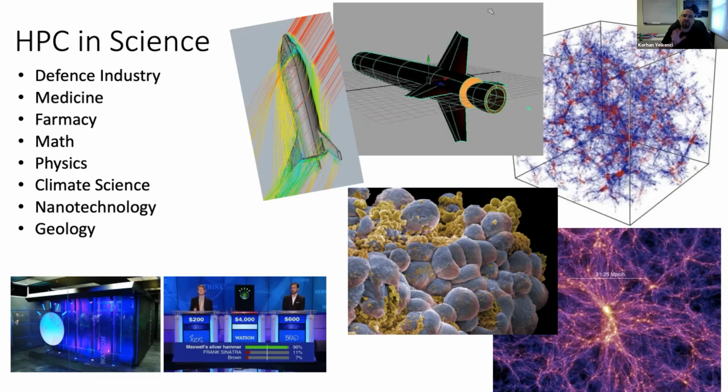First, we do everything inside the computers. We simulate things. As you see, there's a picture of a rocket. You can change the wings of the same rocket with the same amount of fuel, and it can go maybe a longer distance if you change its wings a little bit. You can test those things inside high performance computing centers.